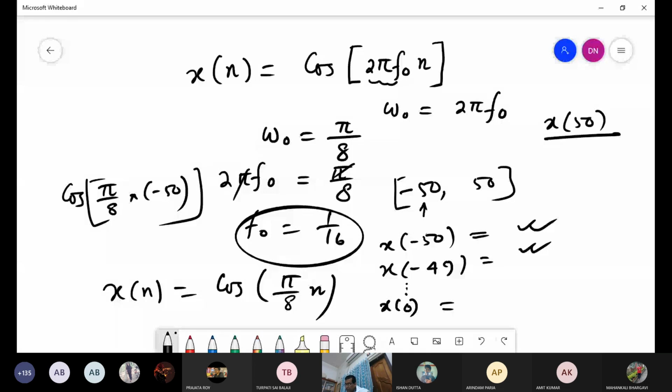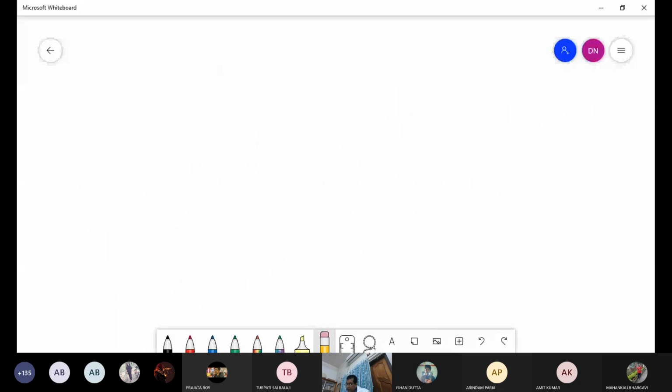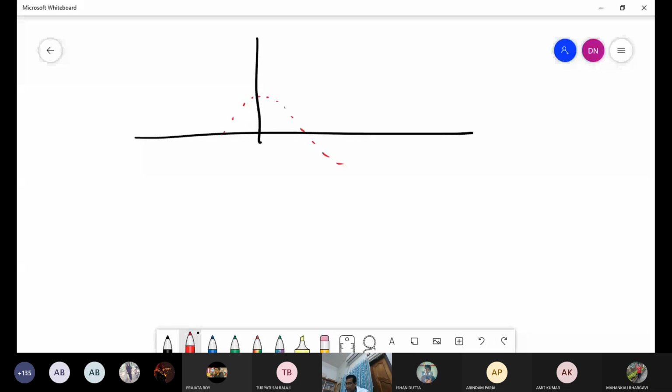Then you plot n versus x[n]. For different values of n, you have got the values of x[n], and then you plot. You will get a sinusoidal signal like this. You will get one sample value here, another sample.